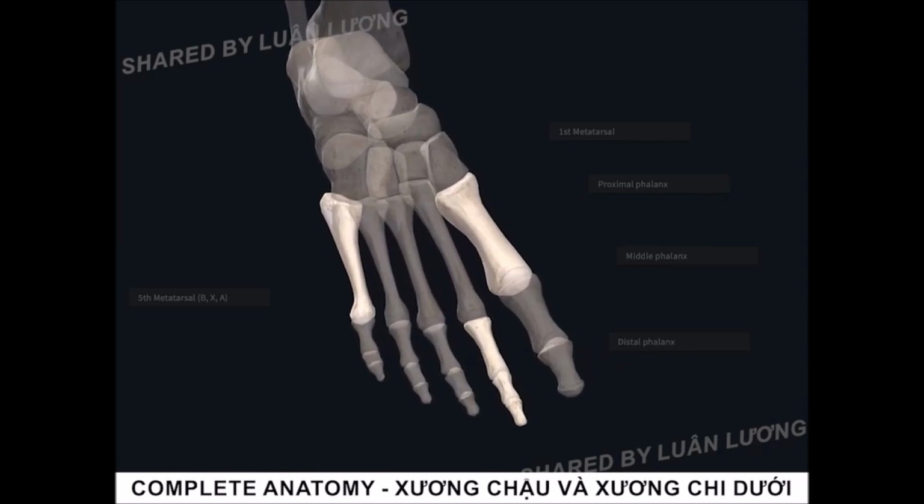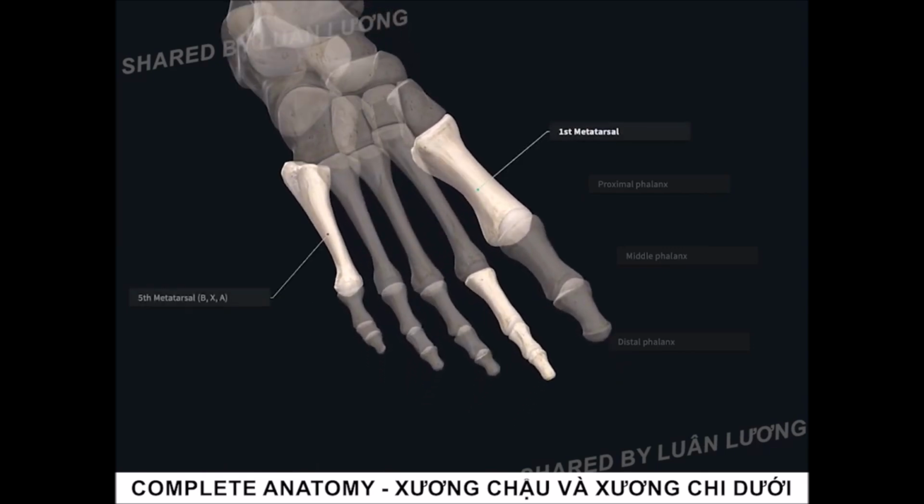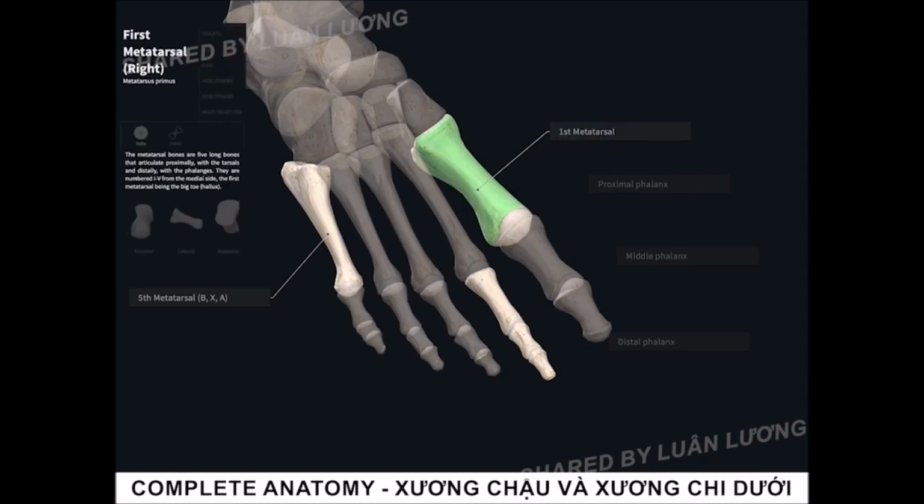Now, the metatarsals are going to be numbered beginning medially and working laterally. And the first metatarsal is going to meet up with the bones of the big toe. Now, we would continue progressing laterally with the second metatarsal, the third, the fourth, and ending with the fifth.